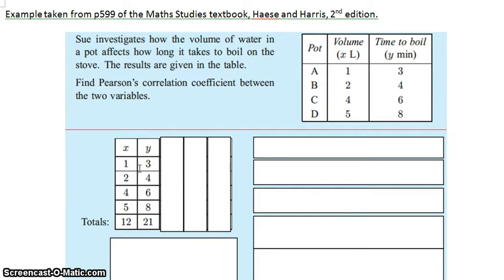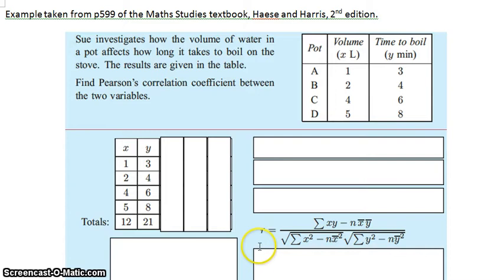So you need to set up a table with your data in, and notice we're putting totals pretty much all the time to fit the formula. The formula looks like that, and that's where we're heading towards. If you have a look, you can see various bits: x, y, x squared, and so on.